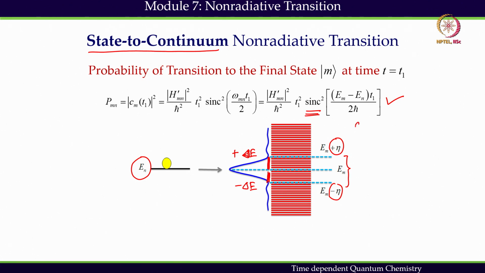They may look like a continuum. And if we are dealing with a continuum, then we have to make use of a quantity called density of states, because we do not have one state, we have multiple states, and when you have many states very closely spaced together, then often we use this quantity called density of states.